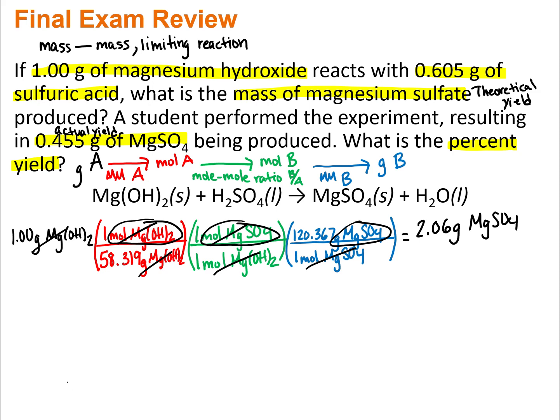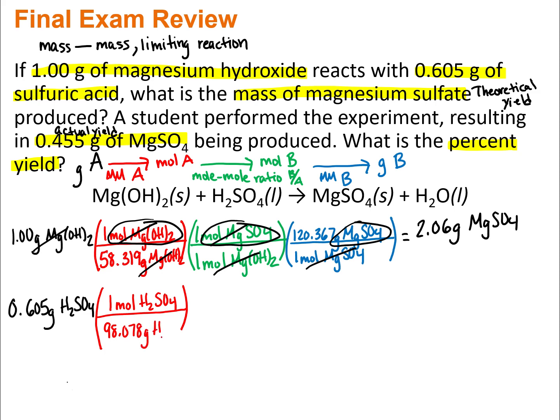Then we have to do all that again with the amount of sulfuric acid that we're given in the problem. So that will get us to moles of sulfuric acid.